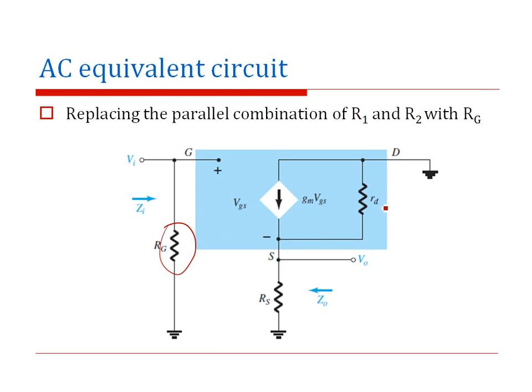This blue portion is indicating the JFET equivalent. So the JFET equivalent, as we have already discussed, you have open circuit, then GM VGS, and the output resistance rd of the JFET.